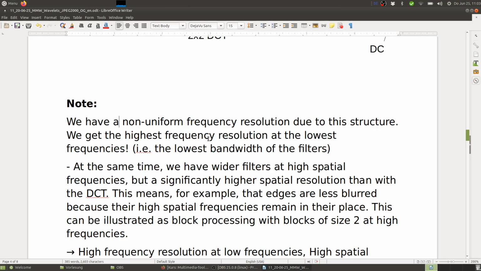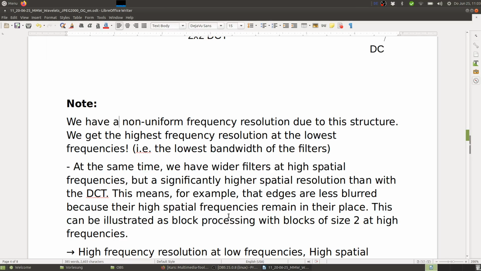So in this way we have a non-uniform frequency resolution due to this structure. We get the highest frequency resolution at the lowest frequencies, which means the lowest bandwidth of the filters. At the same time, we have wider filters at high spatial frequencies, but a significantly higher spatial resolution than with the DCT. That means, for example, that edges are less blurred because their spatial frequencies remain in their place.